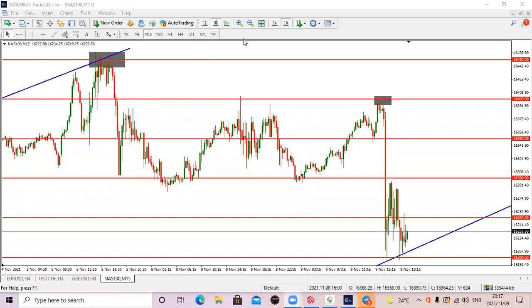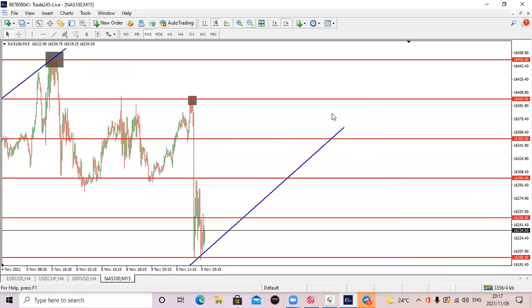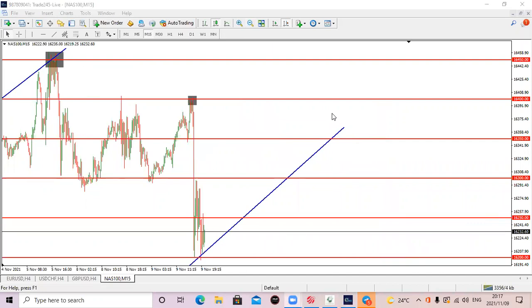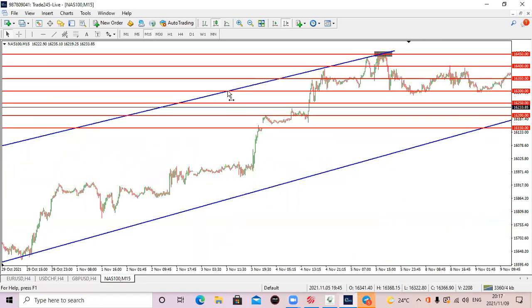I hope I'm making sense. Right, so that's our strategy. That's actually how we are taking the trades. Remember, we have the structure.